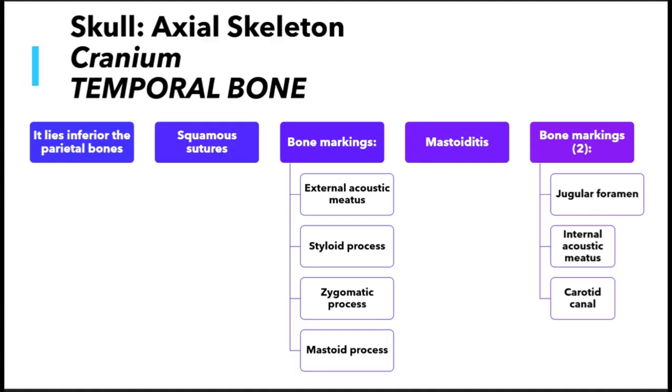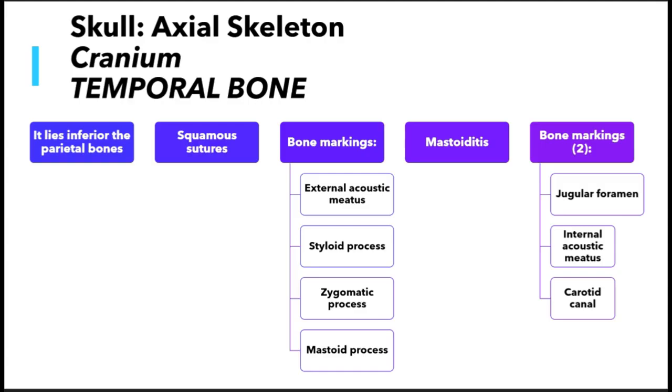Next, we also have the internal acoustic meatus. It is anterior to the jugular foramen in the cranial cavity. It transmits cranial nerves 7 and 8. What is cranial nerve 7? Cranial nerve 7 is the facial nerve, and cranial nerve 8 is your vestibulocochlear nerve.